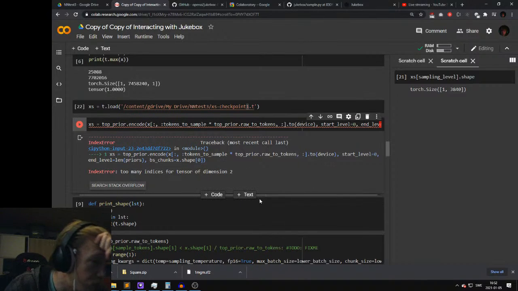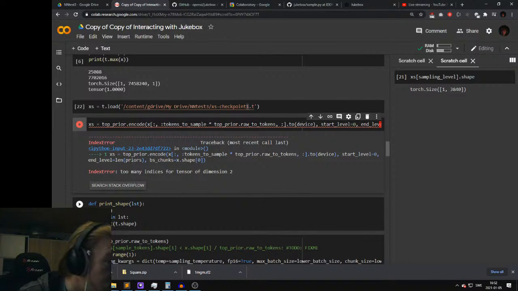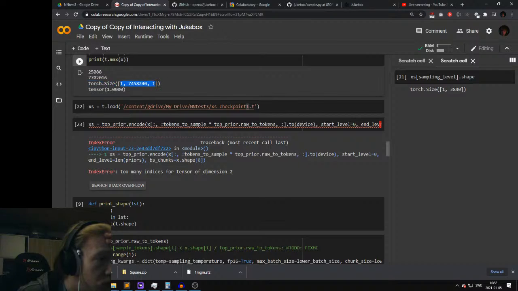Too many indices for tensor of dimension 2. But it's a dimension 3.